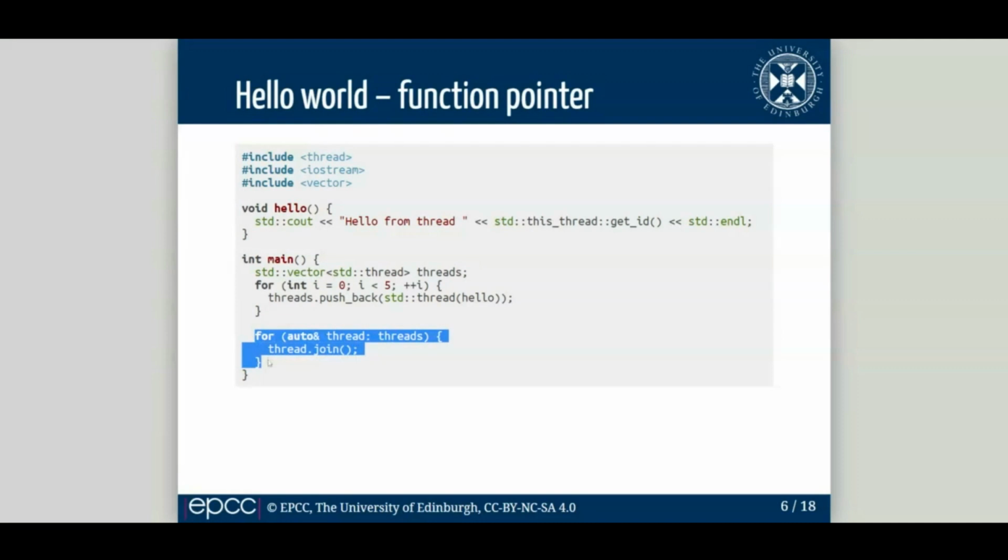Now, before finishing the execution, because at the moment that we reach the end of the execution, the program finishes and the threads also finish. So we could finish the program before the threads have been executed.